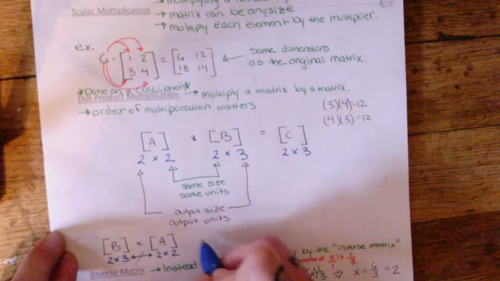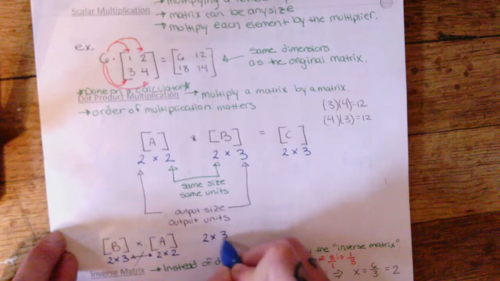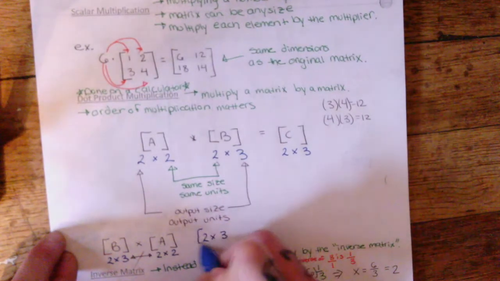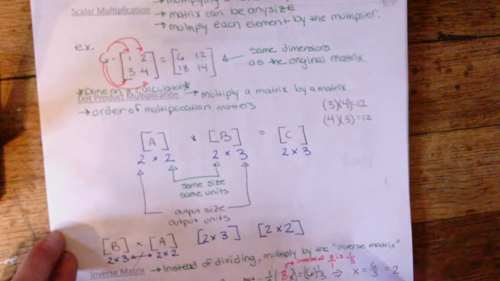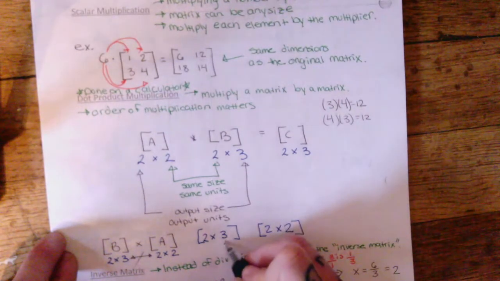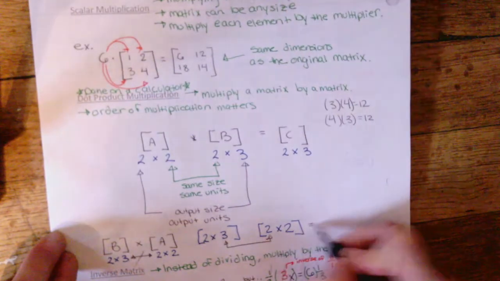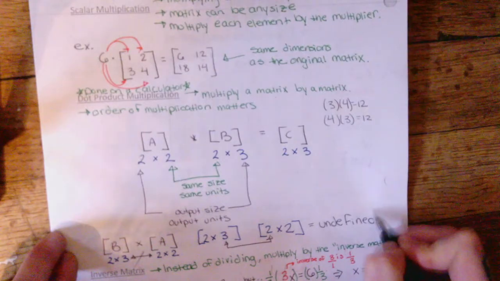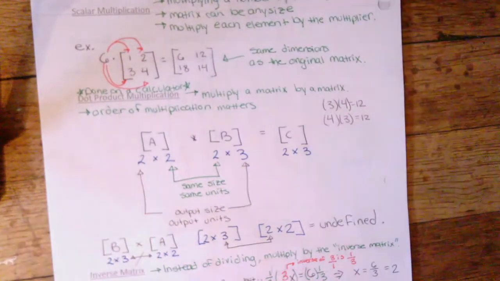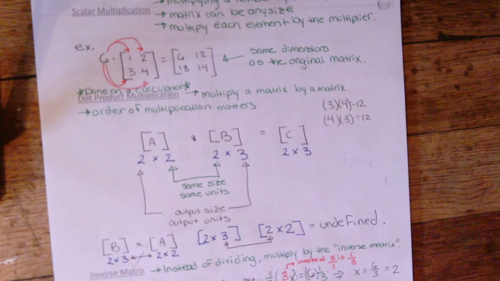A 2 by 3 multiplied by a 2 by 2, this is going to be undefined. Okay? So it's easiest to write out the dimensions and compare the numbers this way.